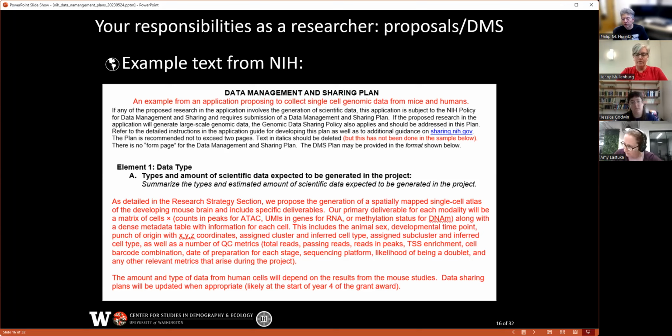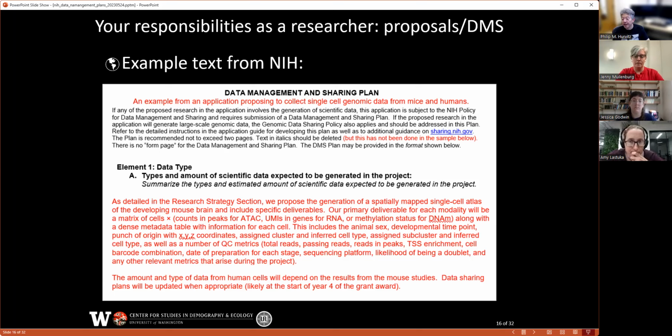Obviously, they're not going to make study sections that include people that don't have expertise in what you're proposing. But because of the parsimony of the data management sharing plan, I think that you should write it with the expectation that whoever is going to be reading it has expert knowledge in your field.